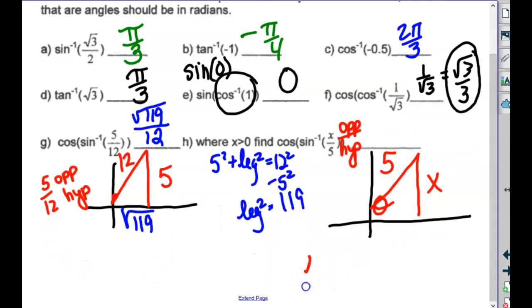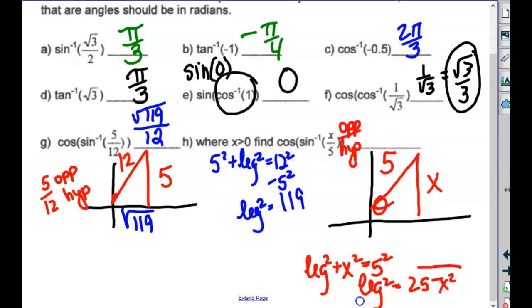If I do Pythagorean theorem, I have some leg squared plus x squared equals 5 squared. How is that expression going to look? 25 minus x squared, and then I need to square root, and it will not simplify. Don't do it. Okay, now it wants the what from that angle?